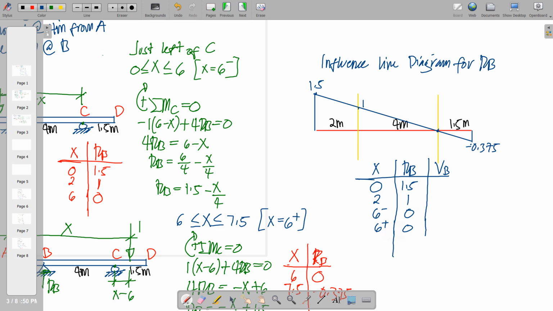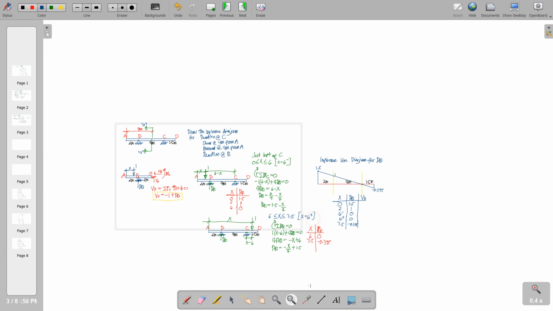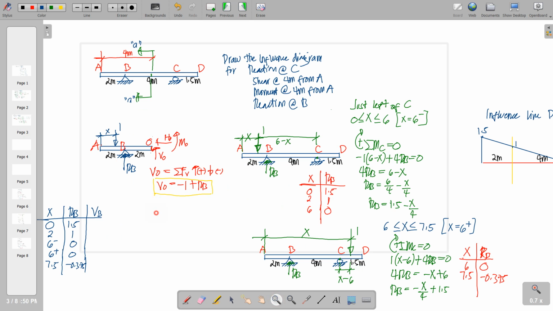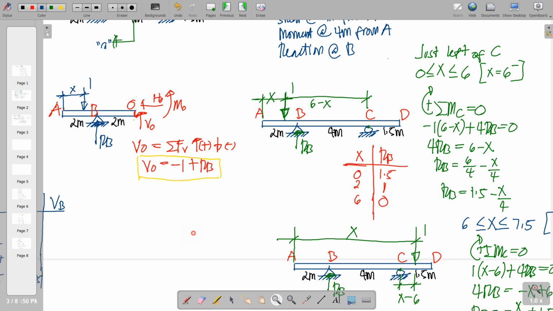And then if we have 7.5, we have negative 0.375. Okay, so we bring this one to this side.